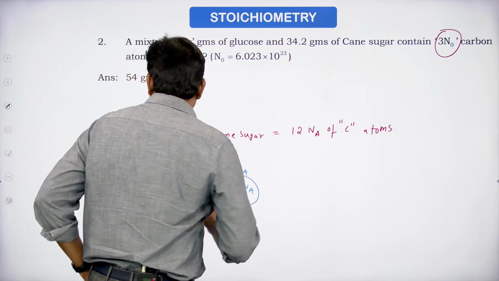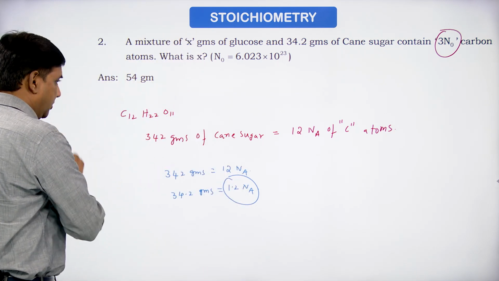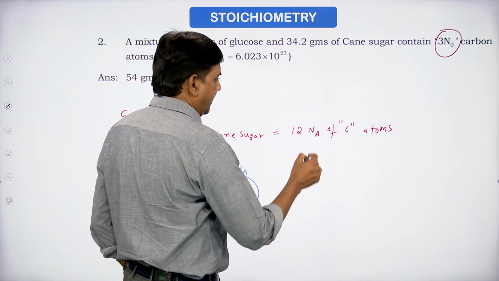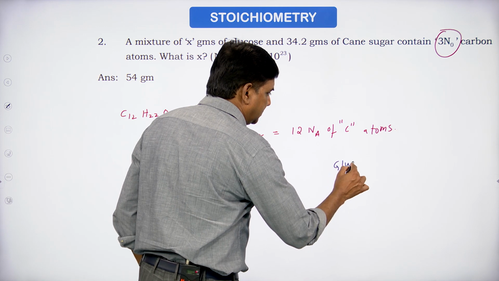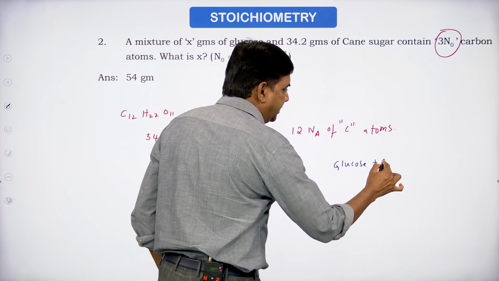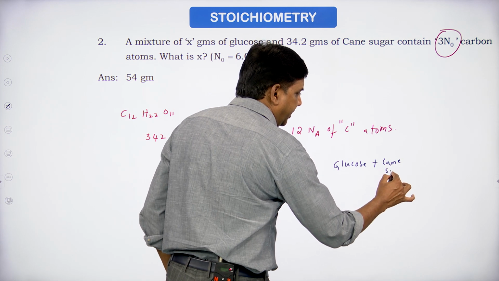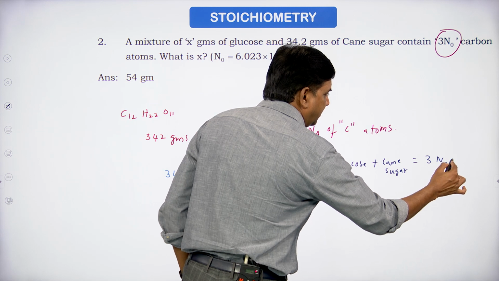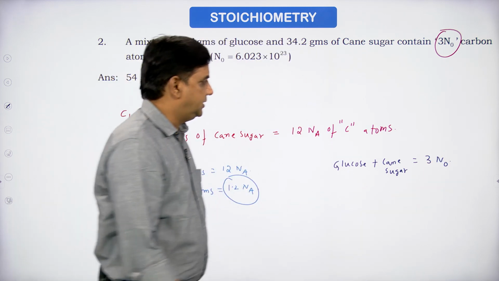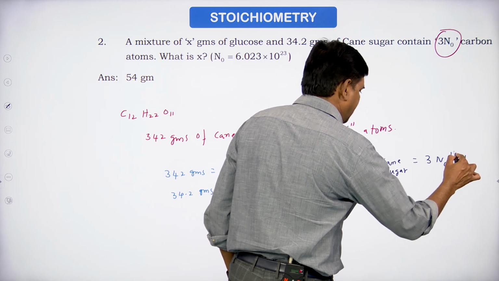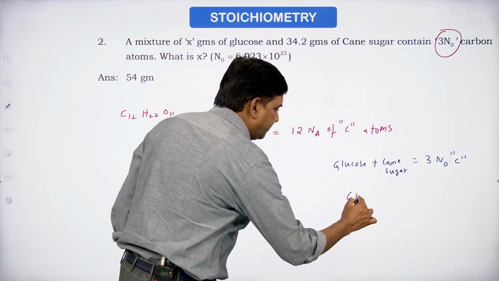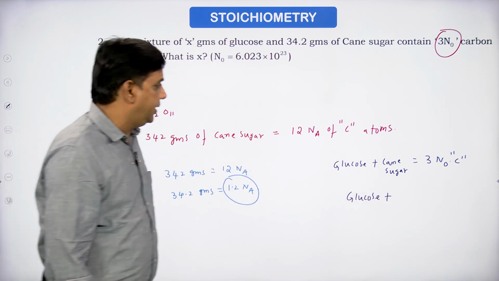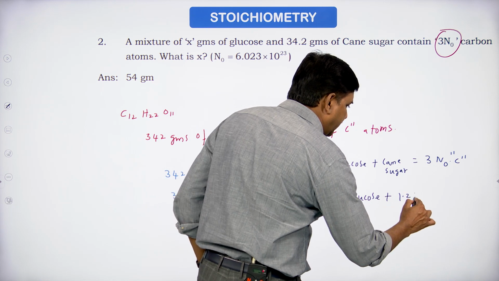So, students, I hope you understand. I am writing here: glucose plus cane sugar contains 3 moles of carbon atoms, and cane sugar contains 1.2 Avogadro number.